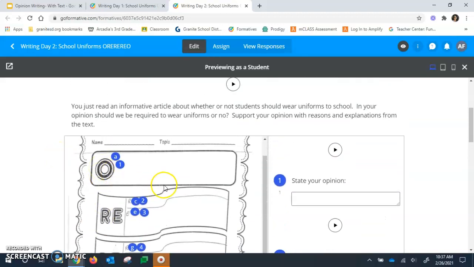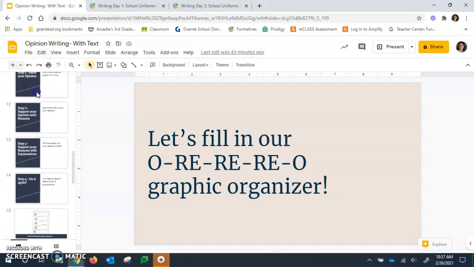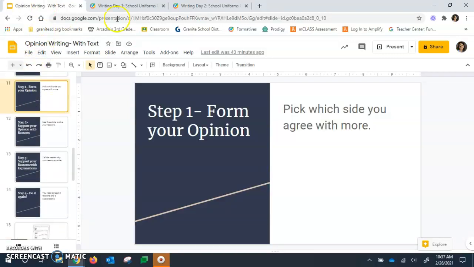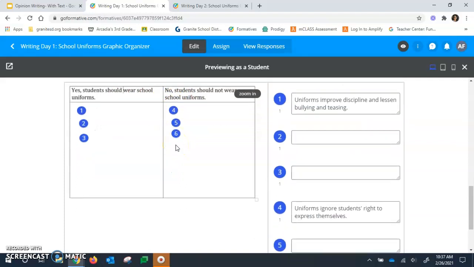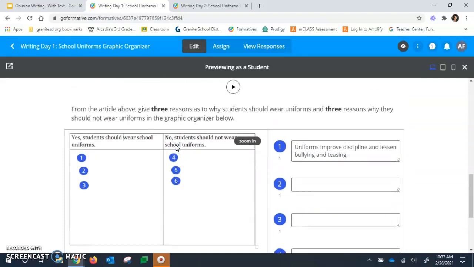So number 1 asks us to state our opinion. Well, we said our step 1 was that we need to pick our side, pick which side we agree with. So that means you have to pick, do you think students should wear uniforms or do you not think students should wear uniforms? So I'm going to go with that students should wear uniforms.